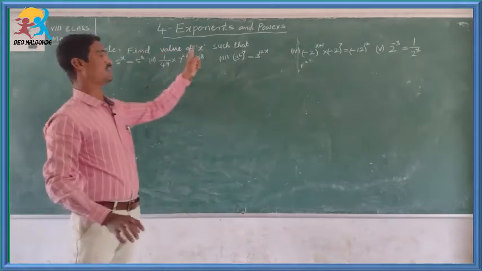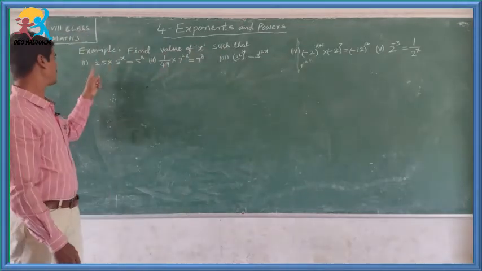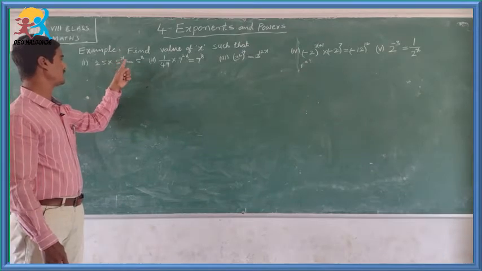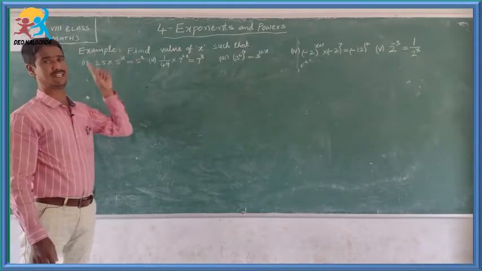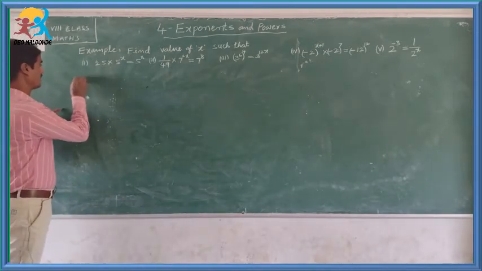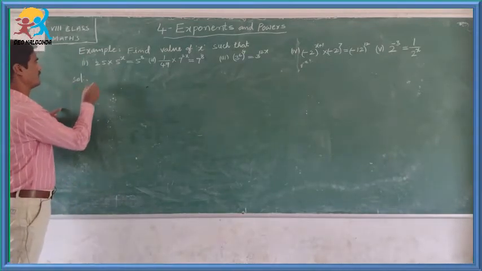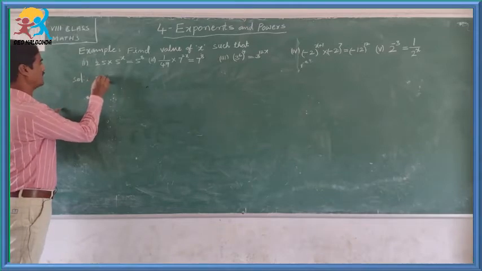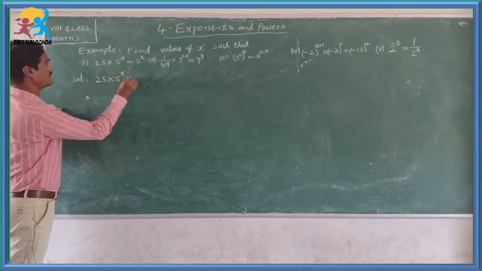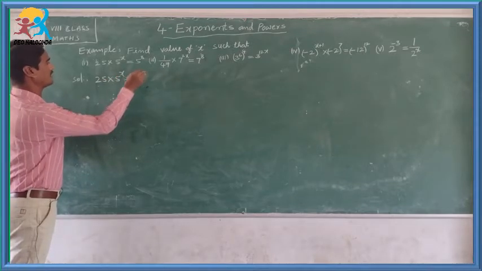Find the value of x such that, first problem, 25 into 5 to the power of x is equal to 5 power 8. Let's take the first problem here. 25 into 5 power x is equal to 5 power 8.